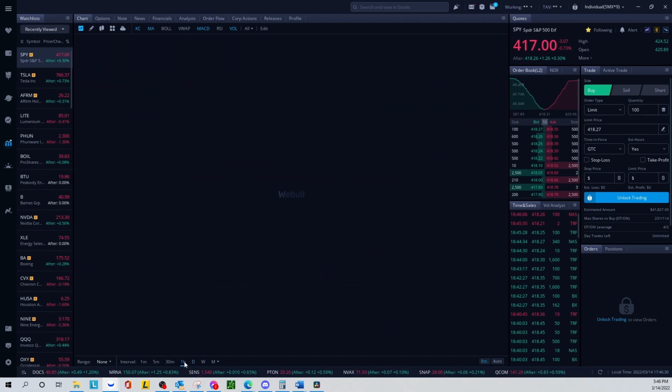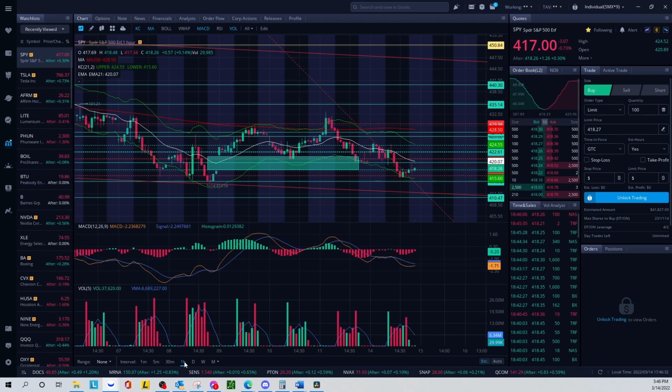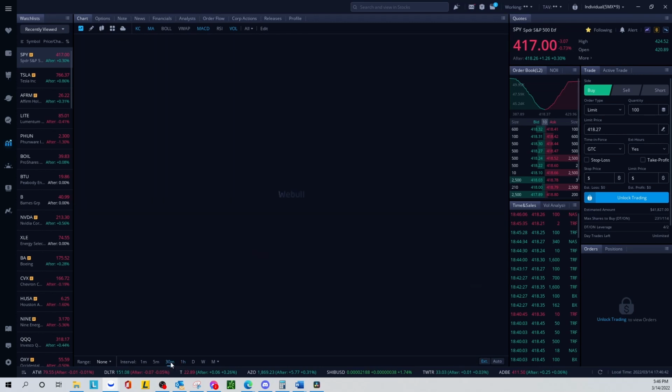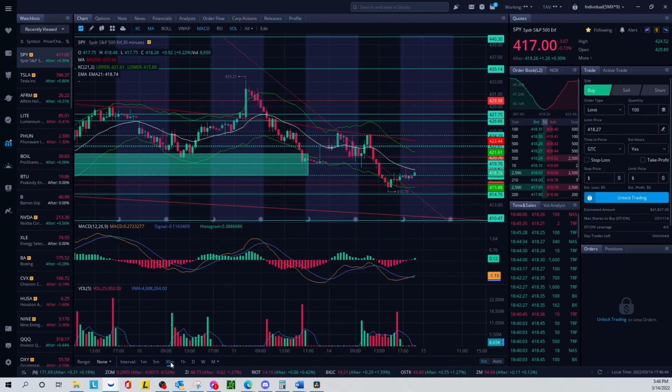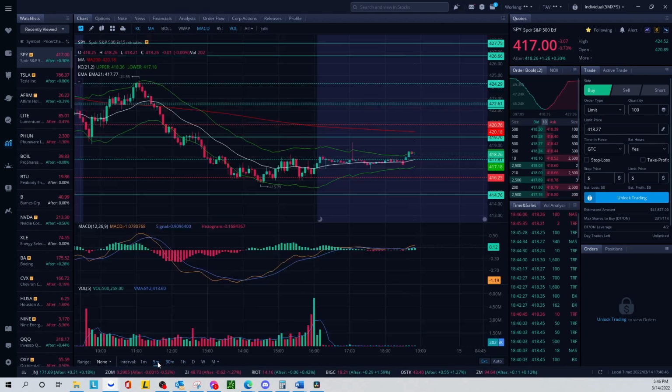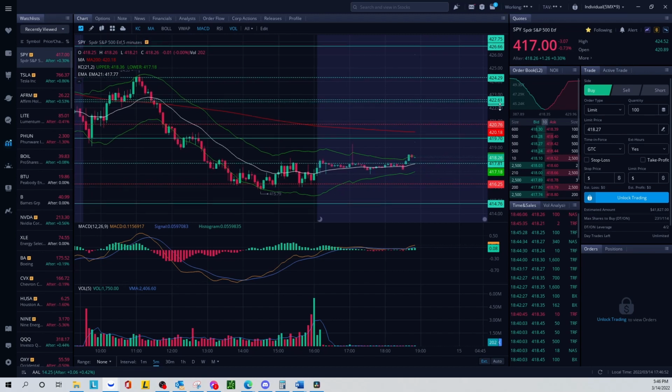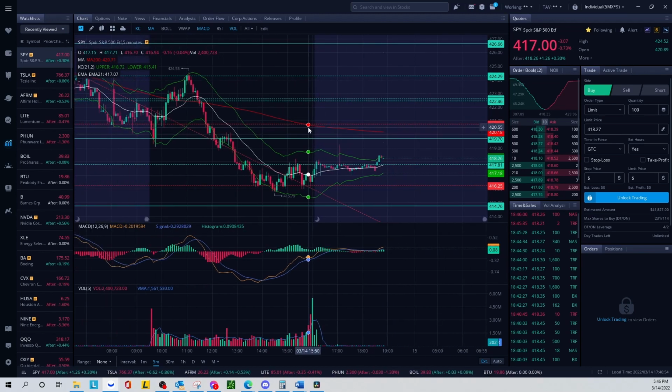So I might go to the 1 hour chart or the 4 hour chart and take a look at that. Is it moving in the same direction as the daily chart? Are we in a downtrend on it? The 30-minute chart, same thing. And then I eventually end up where I am and where I trade from, which is the 5-minute chart. So I trade on the 5-minute chart.